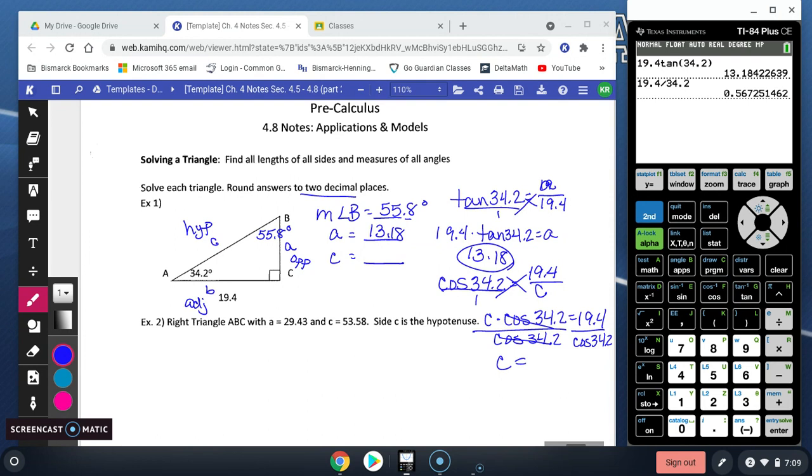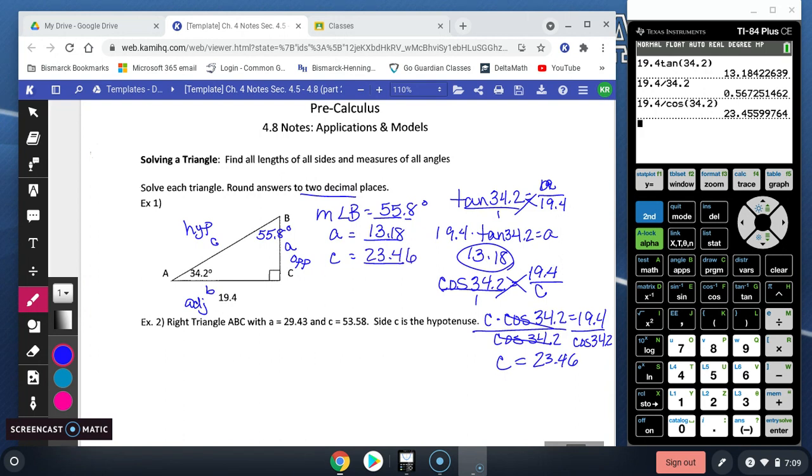Oh, I forgot the cosine. There's no way that's right. There's the cosine, 34.2. Okay, 23.46. So 23.46.